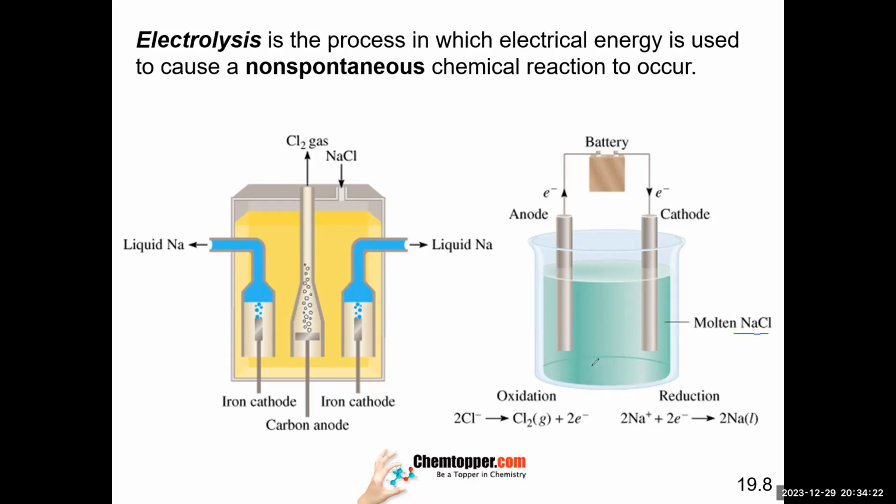NaCl molten means there is Na plus and Cl minus. Anode is positively charged because it is connected to the positive terminal of the battery. Cathode is negatively charged because it is connected to the negative terminal of the battery.